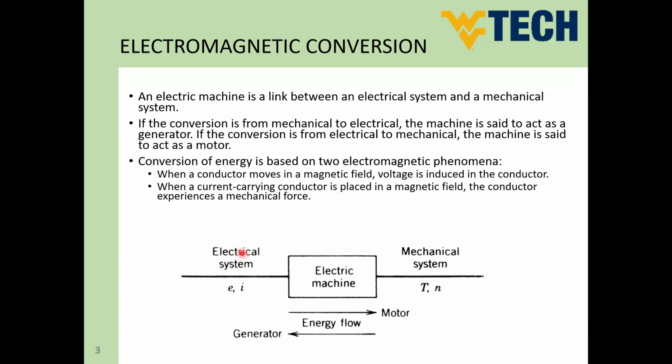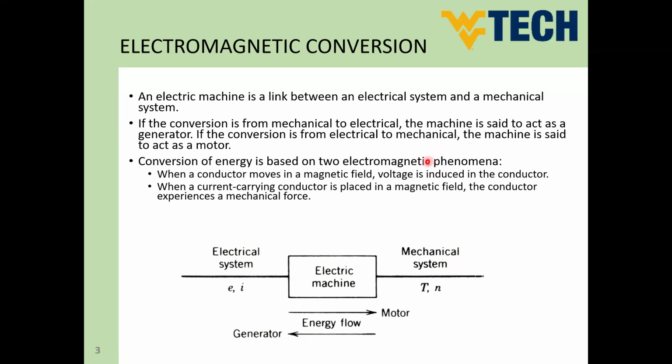And the device that will convert mechanical power into electrical power is called a generator. And if the conversion is from electrical to mechanical, so in the opposite direction, the machine is said to act as a motor. So the motoring action is nothing but converting electrical power to mechanical power.